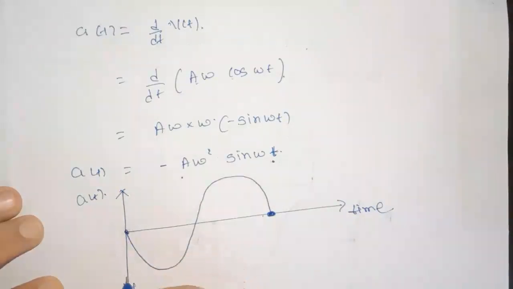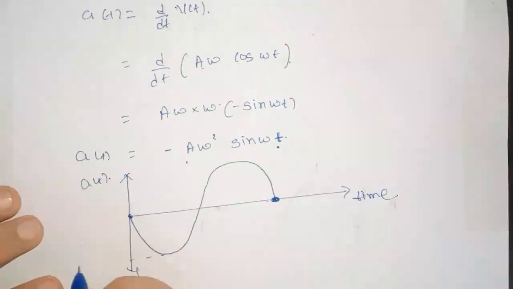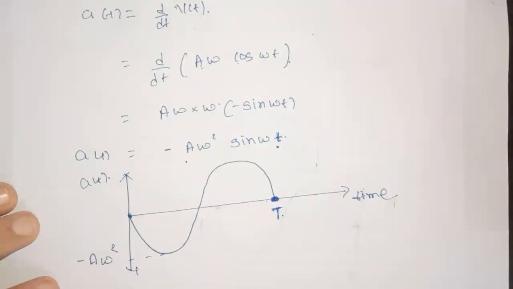So this will be minus A omega square, and the time period will be T. So we have drawn graphs for position, velocity and acceleration.